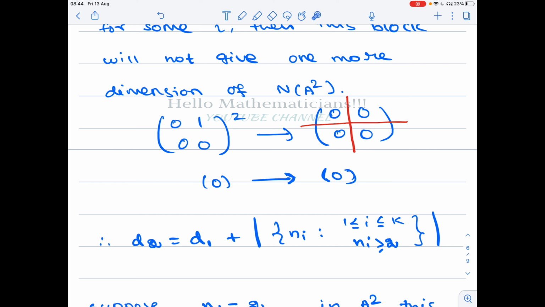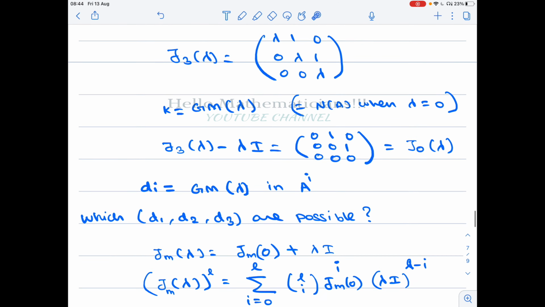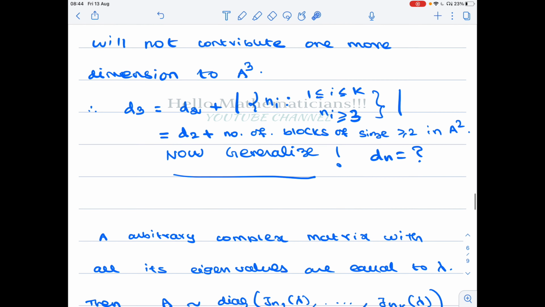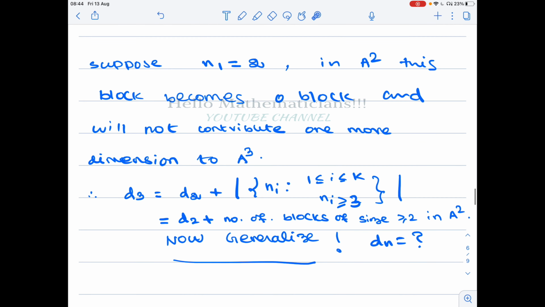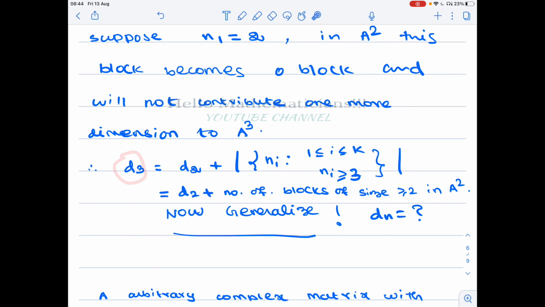So after that, when you calculate A cube, this block will not give any new nullity to A cube. Therefore, we make a very important observation here. The nullity of A cube is the nullity of A2 plus the number of Jordan blocks in A whose dimension is at least 3.